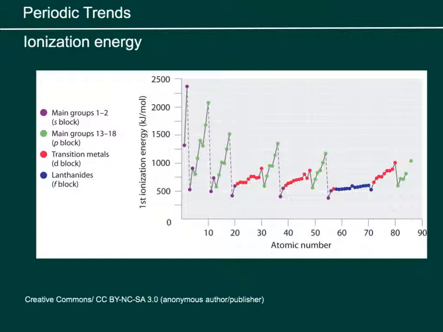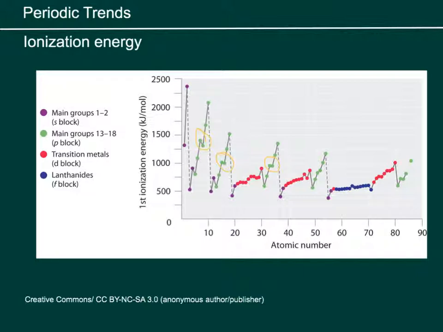Let me circle that one, and that one, and that one. Instead of following a nice linear trend up, there's actually a little bit of a jump. The reason for the jump is, if you remember, when we talked about orbitals, half-full and full shells being more stable. This is the jump from 3 to 4.